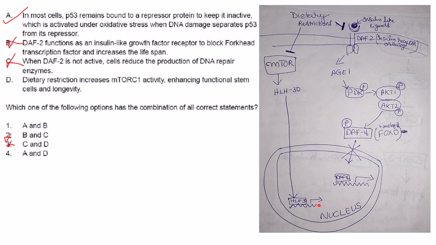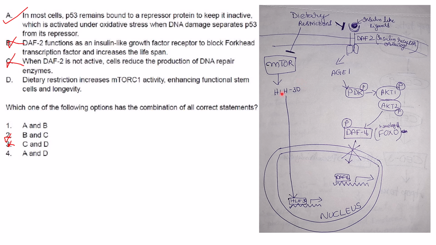So in a nutrient rich environment, mTOR gets activated. This one is activated and this results in the phosphorylation of HLH30 and inactivation of it.